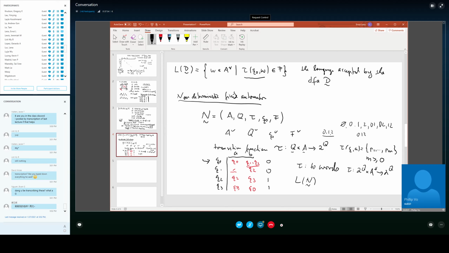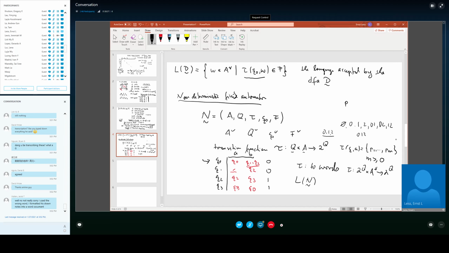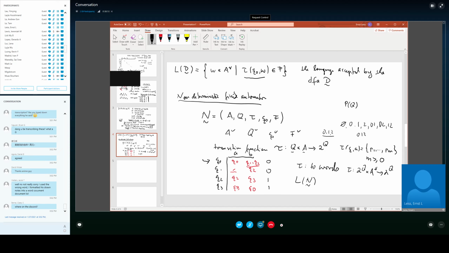Can you explain why the power set is 2Q? Well, that's a notation. I mean, in some cases, people write P of Q, which would also be the power set. But basically, it simply says you take all subsets.